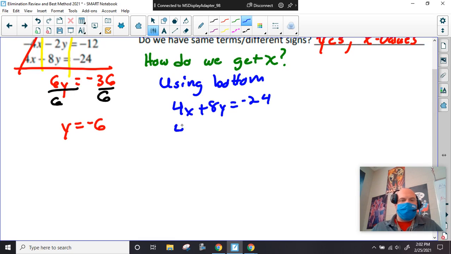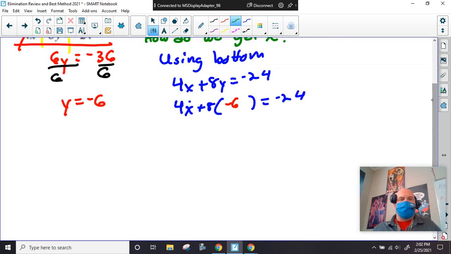And we're going to plug in this negative 6 right here. So we have 4x minus 48 equals negative 24.